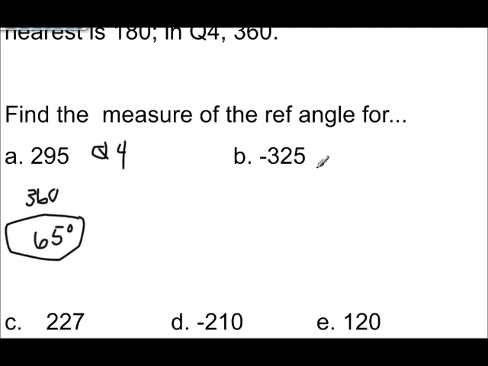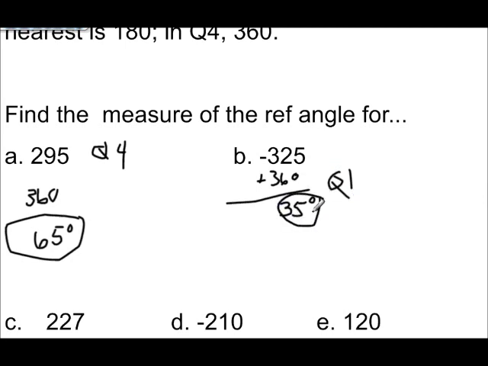For negative 325, I don't know what quadrant that's in. I need to find the coterminal angle first. So I'm going to add 360 to it. That gives me 35 degrees. Well, 35 degrees is in quadrant 1, so we don't have to do anything.